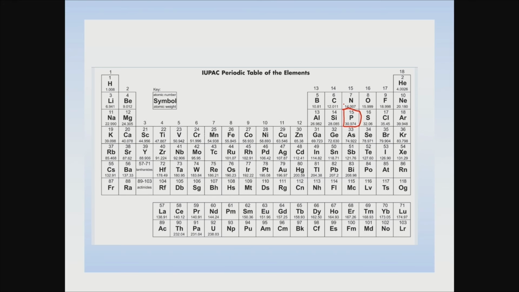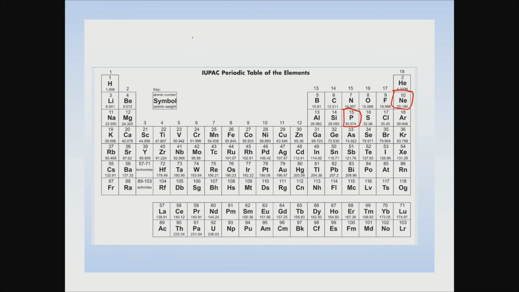The first thing I have to do is identify the noble gas that just precedes it in terms of electron number. Phosphorus has 15 electrons, and the noble gas that just precedes it has 10 electrons, and that is neon. So phosphorus is going to have neon's configuration of 10 electrons, and then you add in 5 more electrons for a total of 15.